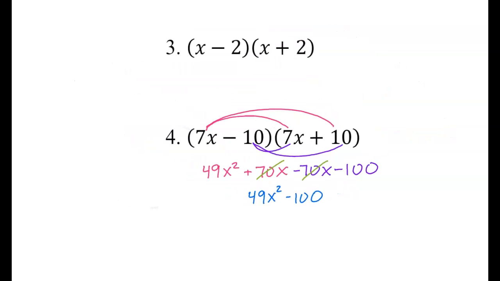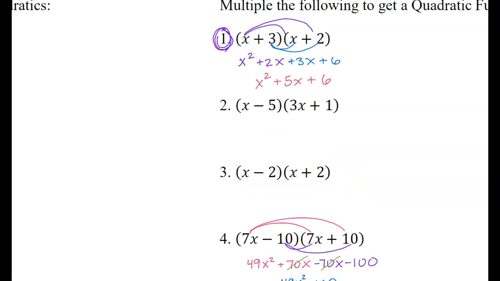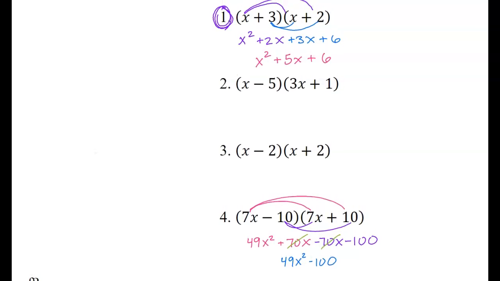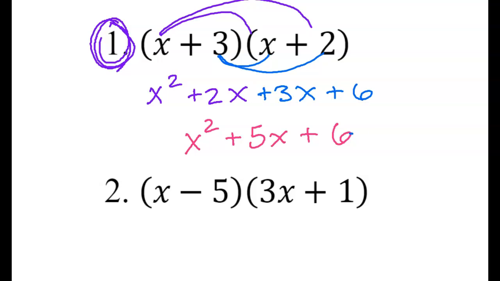So that being said, we're now going to go the other way and take the quadratic. If we look at this first one, we're going to take the quadratic and factor to create our two binomials.